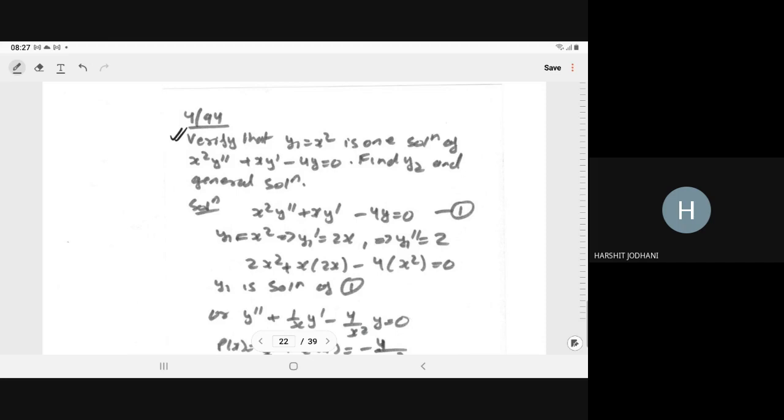So in this case, first we have to check whether the given equation is a linear equation or not. Because whatever theory we are giving here is true for the linear equation. So first we have to check before proceeding whether the given equation is a linear equation or not.